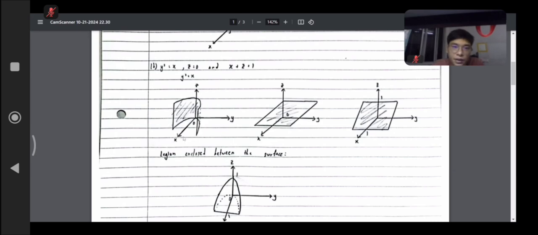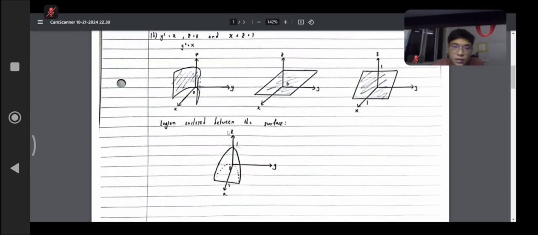The z equal to 0 will be the plane of the shape. And the equation x plus z equal to 1 will become a shape like this, so it will cut it. So the region enclosed between the surfaces will become like this, as shown in the slide.